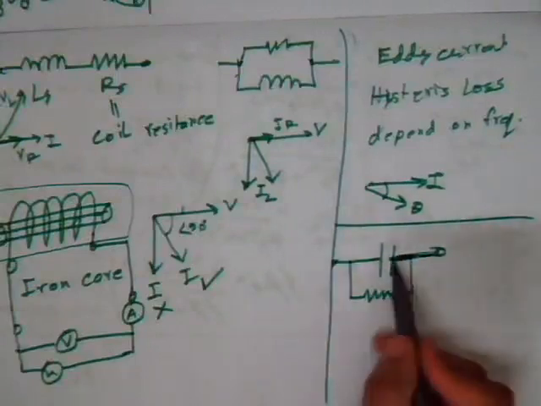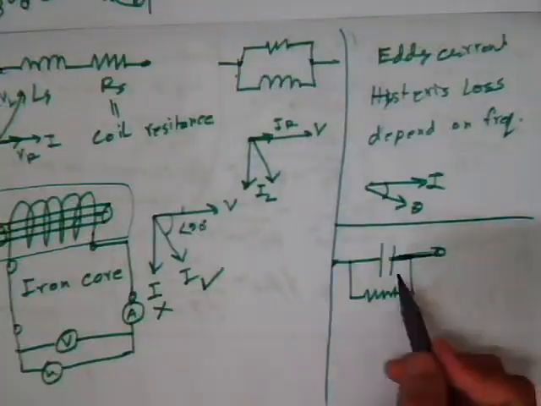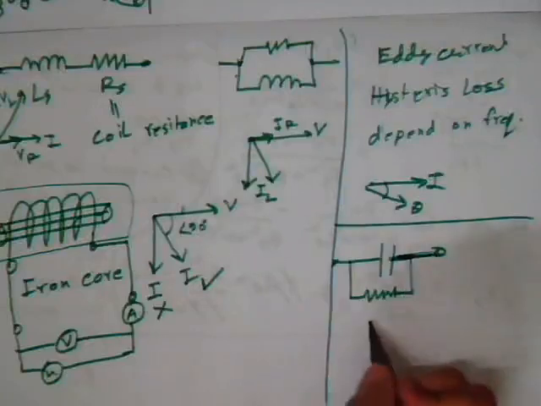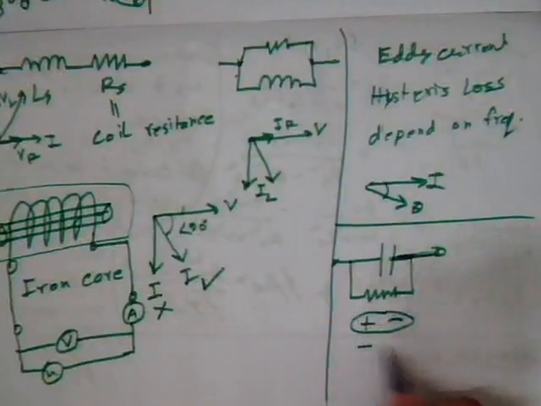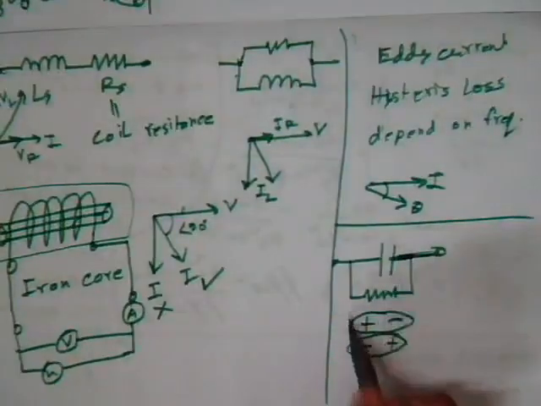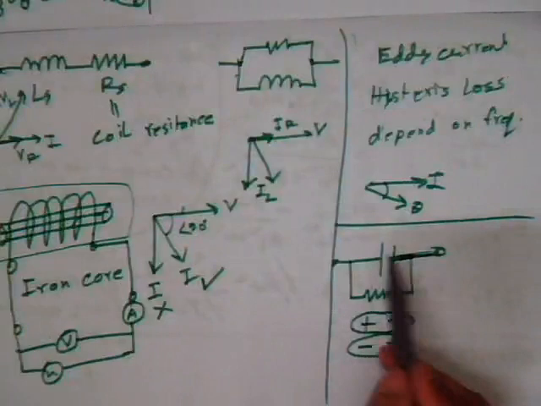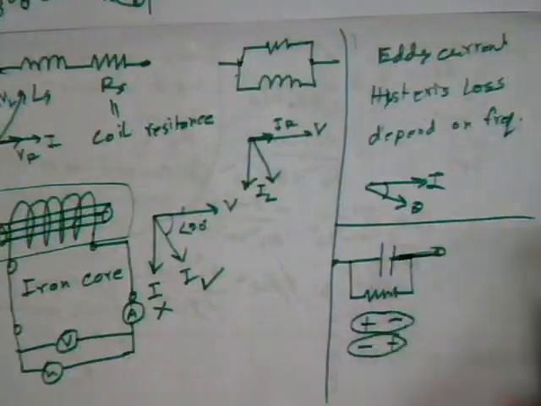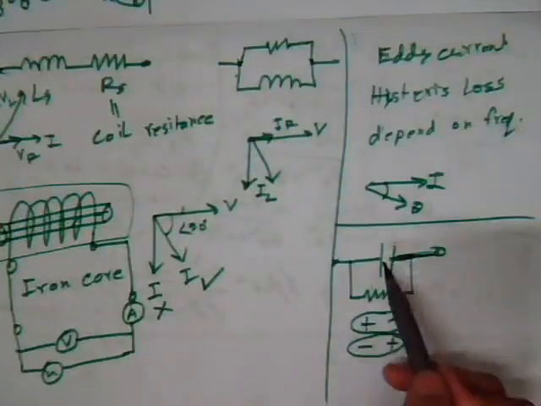There is a dielectric loss associated with it, which is due to constant polarization and depolarization or opposite polarization of this dielectric material. So the voltage applied across this dielectric oscillates, and therefore the polarization also oscillates. So the molecules need to move, which causes some energy to be lost in the form of heat.